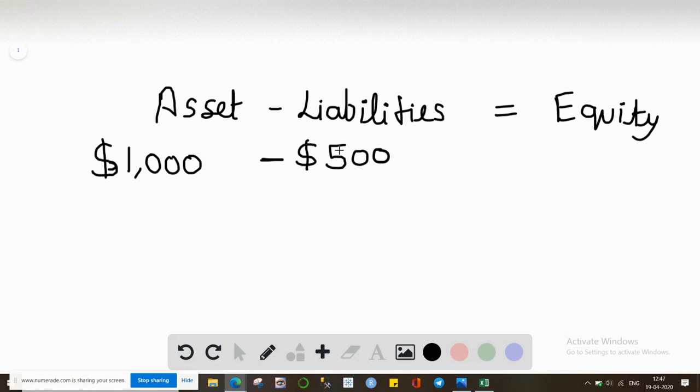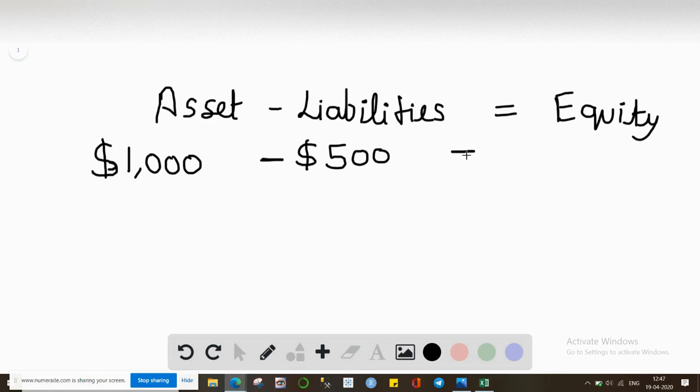Why have I written $500 under liabilities? Because a liability is an amount payable for the benefits that have been availed. In simple terms, a liability is an amount which is payable at a later point in time.